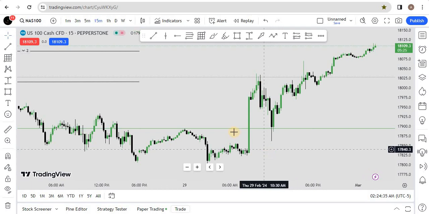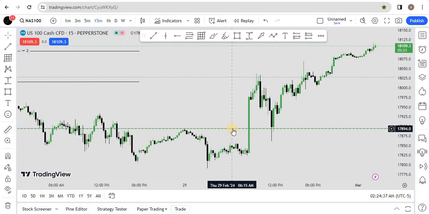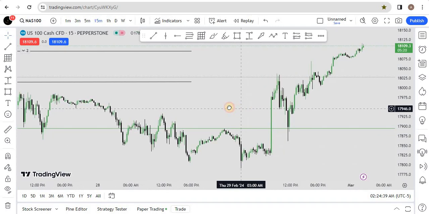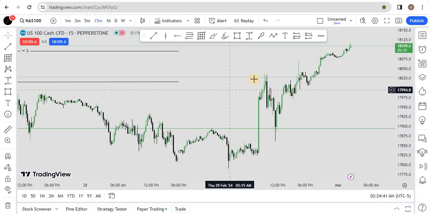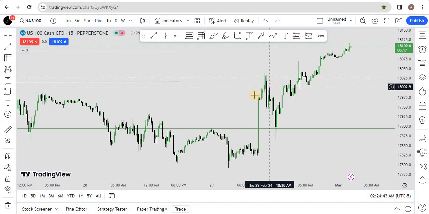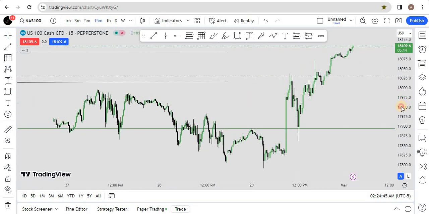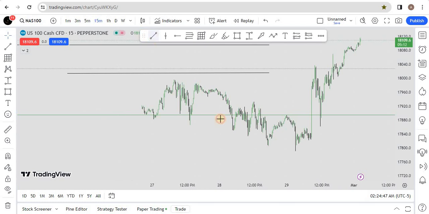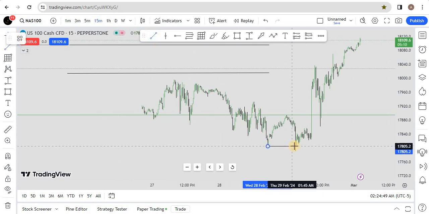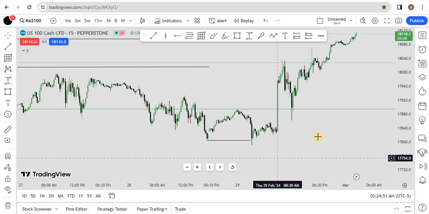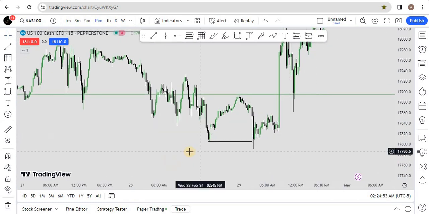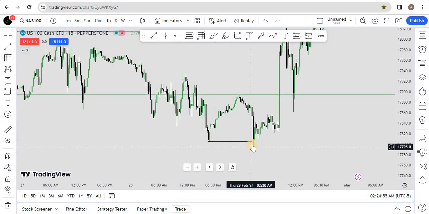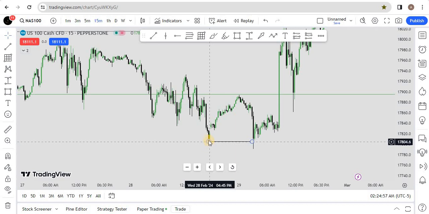Once we anticipate the price will be bullish, what we have to do is wait for price to come into our kill zone hours and give us a good reaction. Price took out the liquidity. You see, price did not displace below the previous swing point.